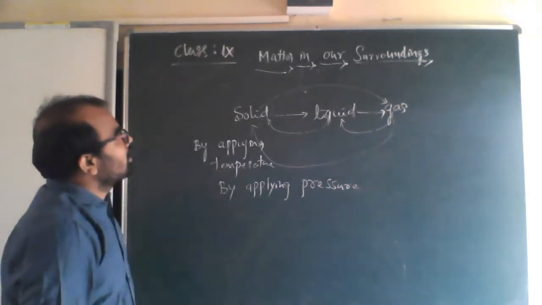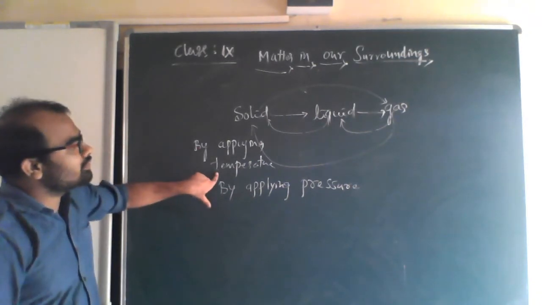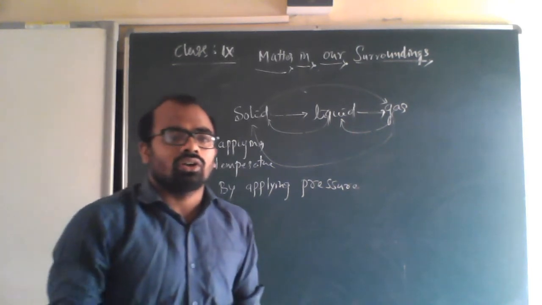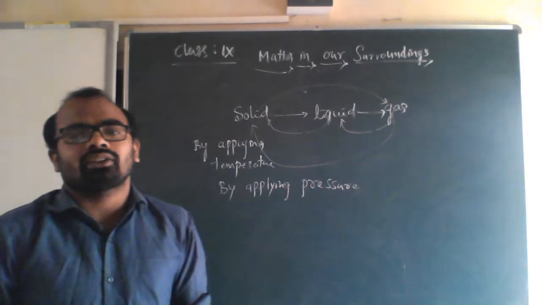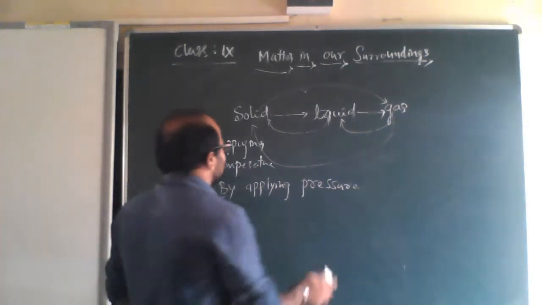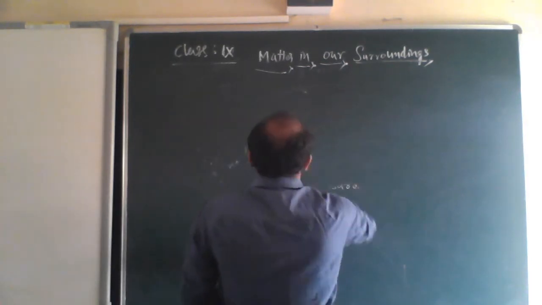By applying temperature, you can change the state of matter, or you can change it by applying pressure. Today in this class, we see how by applying temperature we can change the state of a matter.